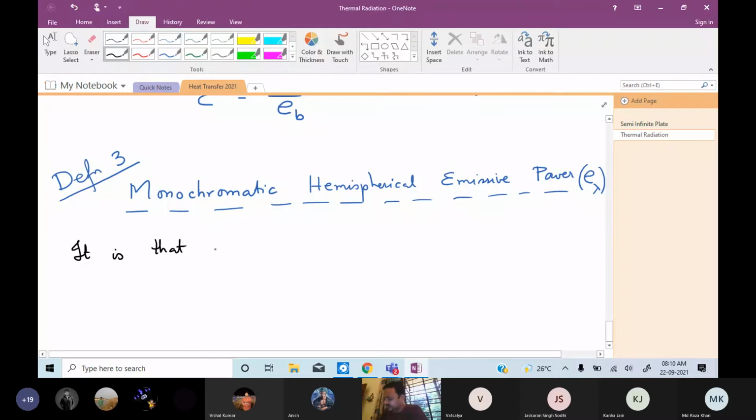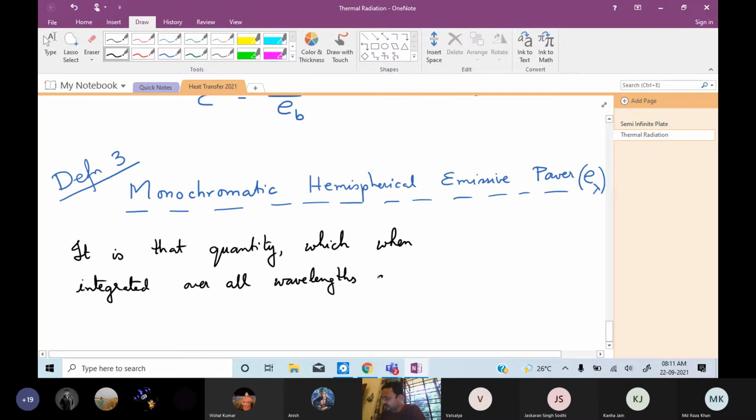It is that quantity which, when integrated over all wavelengths, gives the total hemispherical emissive power.